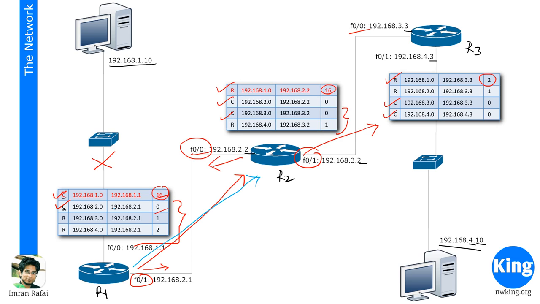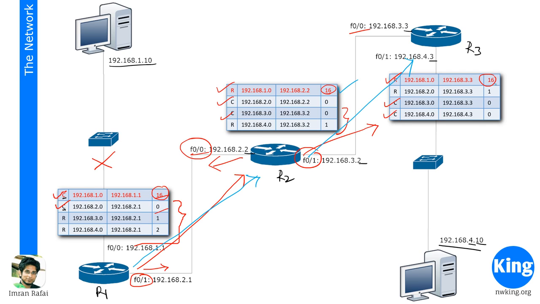Immediately when router 2 gets that, it updates its routing table to 16, and it sends the same update to router 3, which also updates its routing table to 16, by which time all the devices participating in RIP will know that the network 192.168.1.0 is not accessible to anyone, right?